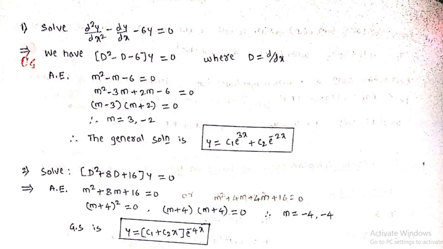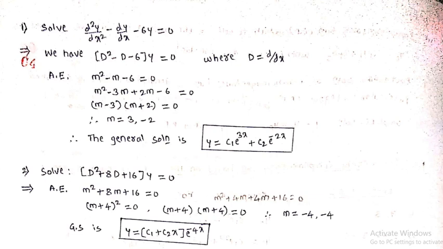So first one, solve d square y by dx square minus dy by dx minus 6y is equal to 0. First we will express the differential equation in symbolic form, D square minus D minus 6. Now replacing D by m, which gives the auxiliary equation m square minus m minus 6 equal to 0.